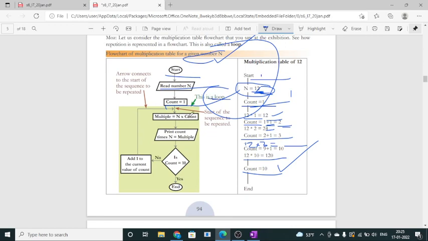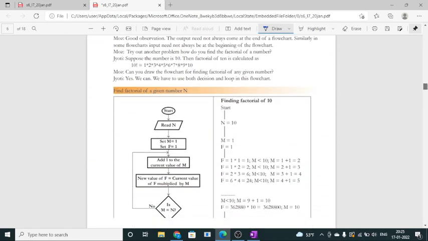So multiply n into count, then print, count times, then check count 10. If count is equal to 10, then we end this program. When count reaches 10, we can get the multiplication table for number n. Then this program ends.